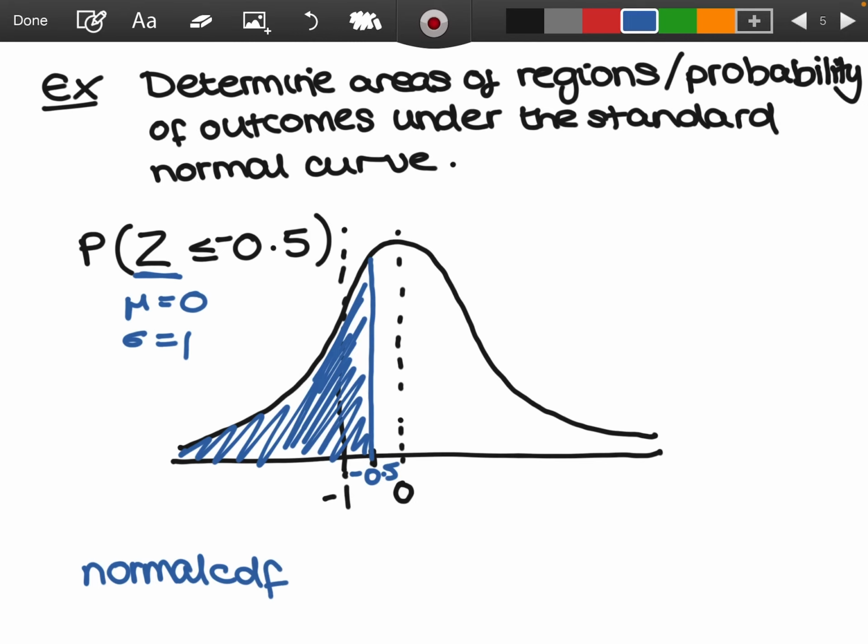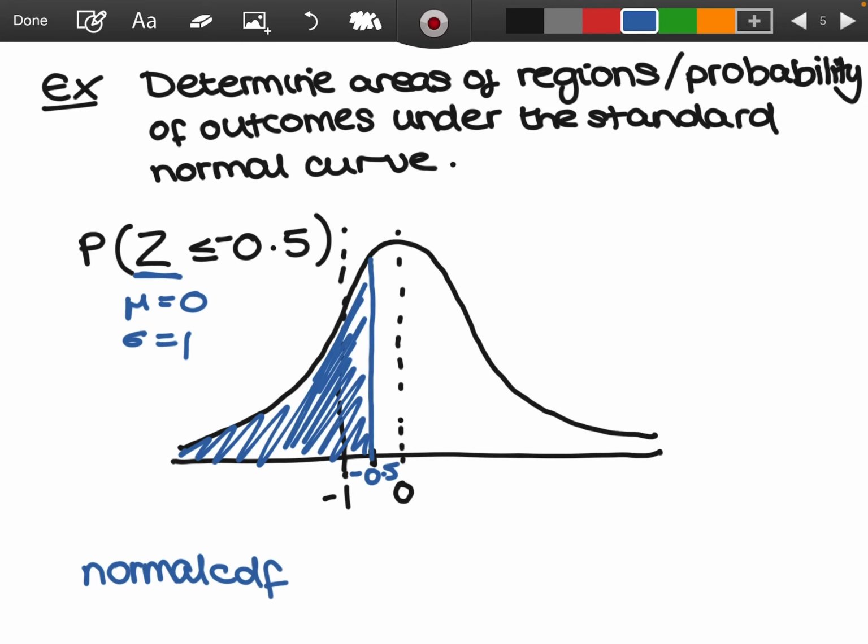So all I want you to do in this case, whenever you end up with one of these problems where it's open-ended on one end, so we've got an open lower limit here because we've got to go all the way down to -infinity, for your lower limit, I want you to type in a very large negative number. If we were looking for an upper limit that was not specified, I want you to type in a very large positive number. Okay?